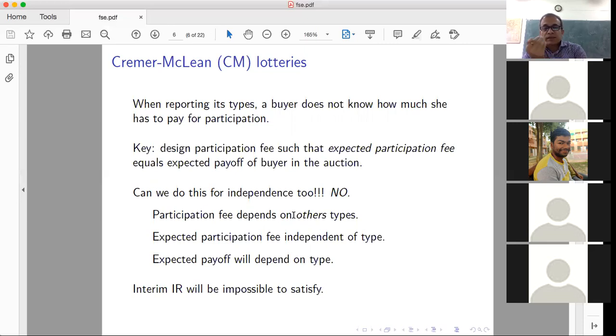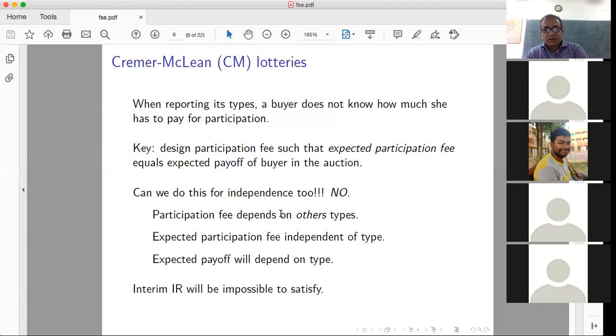As you'll see, to maintain incentive compatibility of the Vickrey auction, agent i's participation fee can only depend on the types of other agents and not his own type. You'll see that in a minute. Otherwise, incentive constraints get messed up.